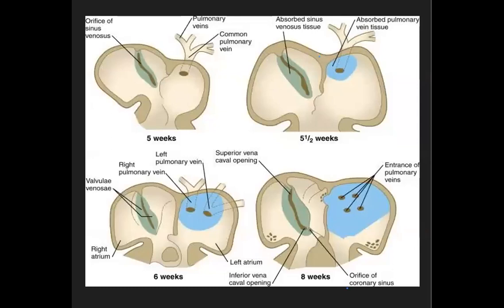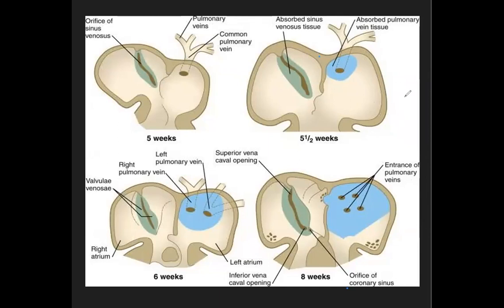Before moving to the last topic of today, I just want to show you a quick picture of this thing. I told you that we have the pulmonary veins. This is the common pulmonary vein, and these are the pulmonary veins. As you see, they will incorporate inside the left atrium.